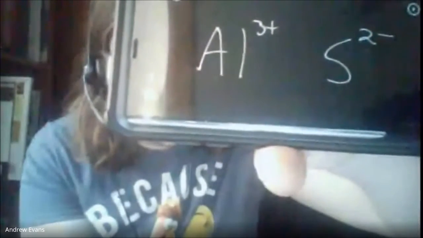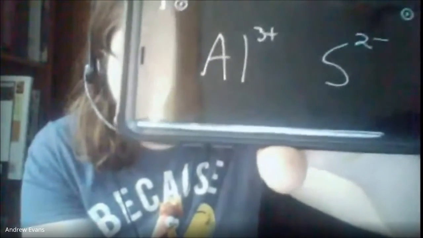Now, one more tricky one before I look at some of these transition metals. If I wanted, say, to mix aluminum sulfide, AlS. So how am I going to mix this together? This one's incredibly hard because aluminum is 3 plus, sulfur is 2 minus. So what combination am I going to be able to use?